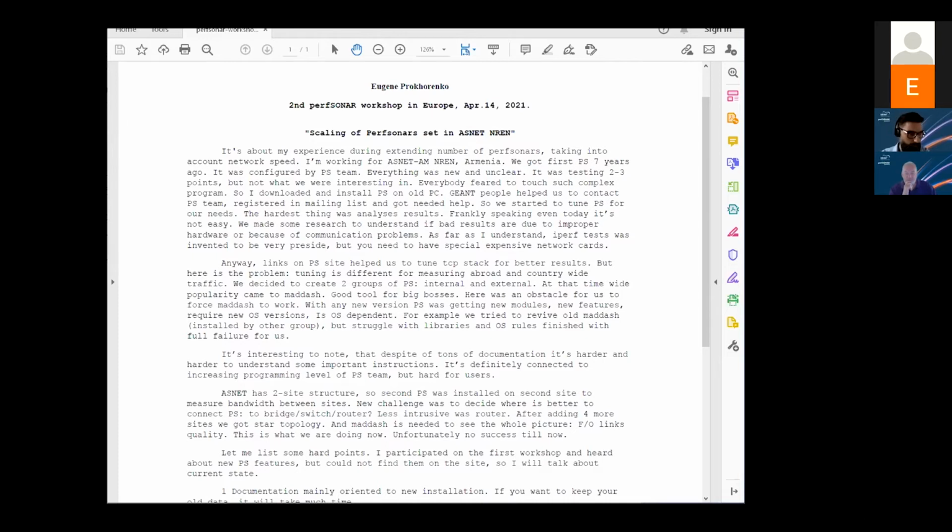So now we try to find out if the problem is in the hardware or in the software. For hardware, I read everything I could find for iPerf. At that time it was only iPerf 2; now we have iPerf 3.